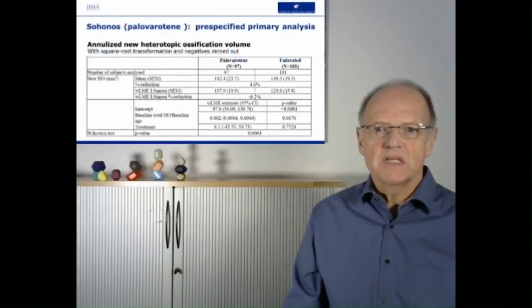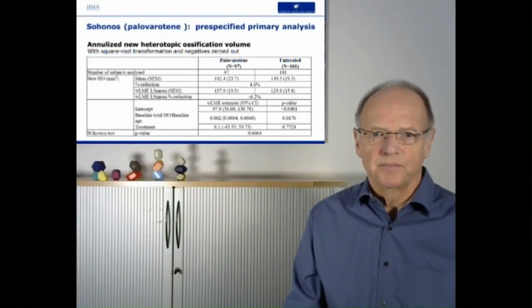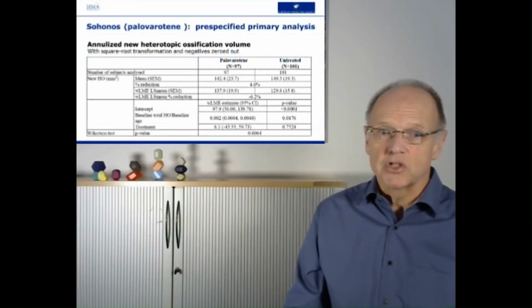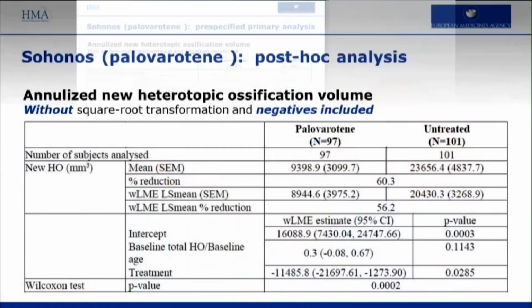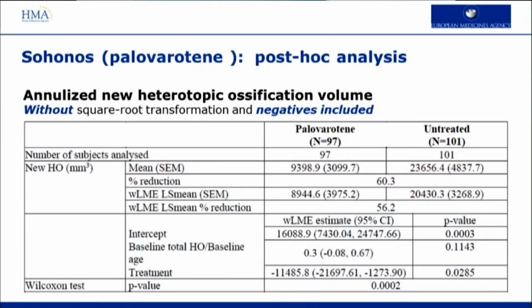Only after this disappointing result was seen, an alternative evaluation was made, this time including the negative values, that is, this seemingly reduced volume of heterotopic bone, and this time without using the square root transformation for the limiting of the impact of extreme outliers.